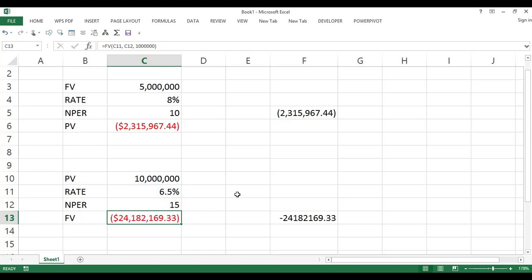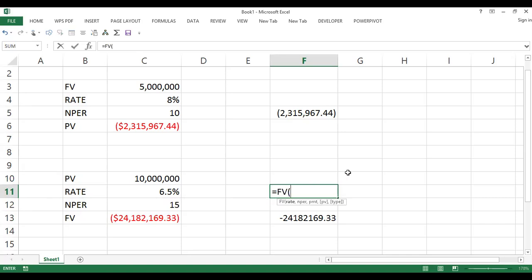Okay, to guide us, let me type something here. Equals FV. So that's a guide now. Try to interpret what is going on now.